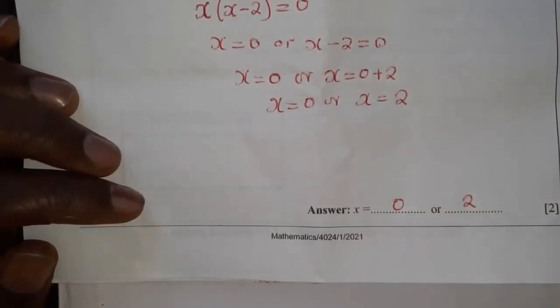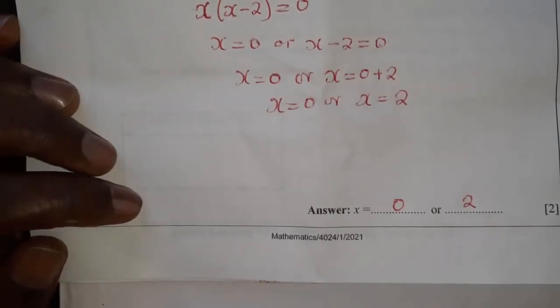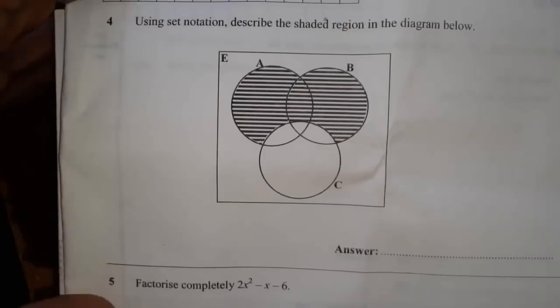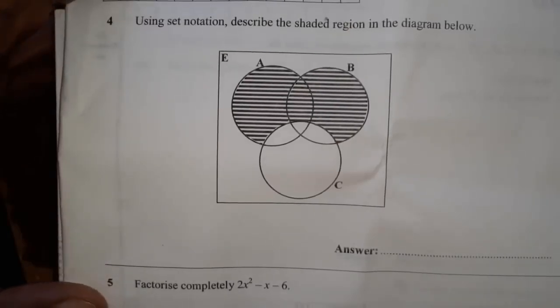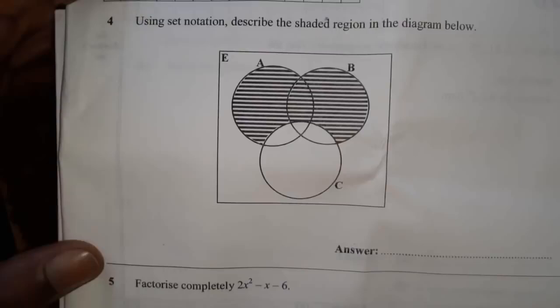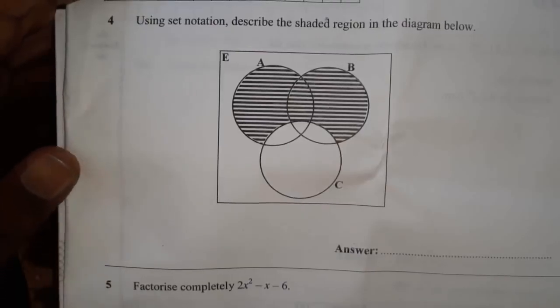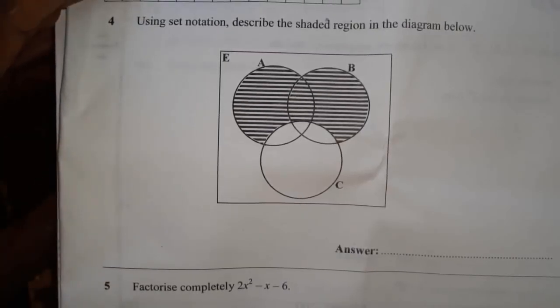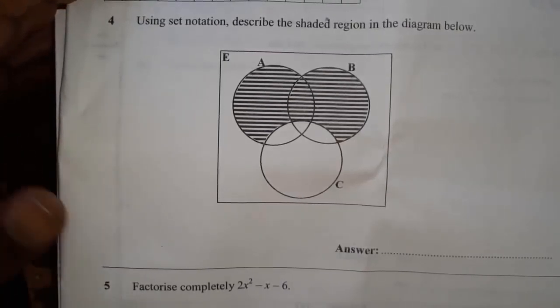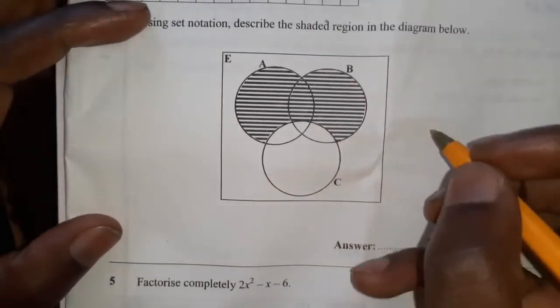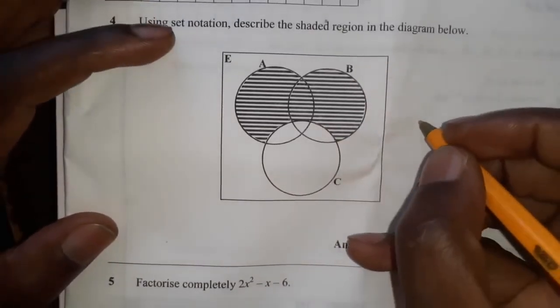We've got question 4. Using set notation, describe the shaded region in the diagram below. You need to look at what is shaded.